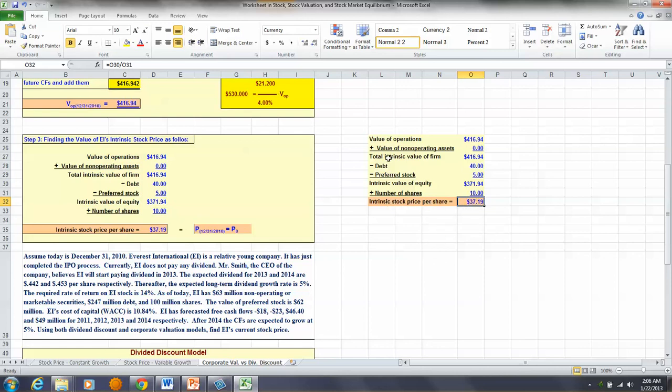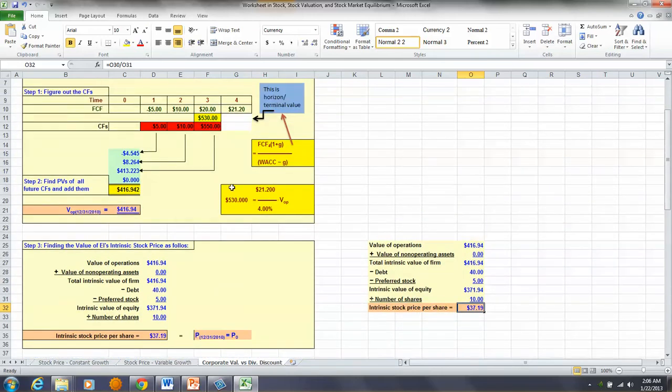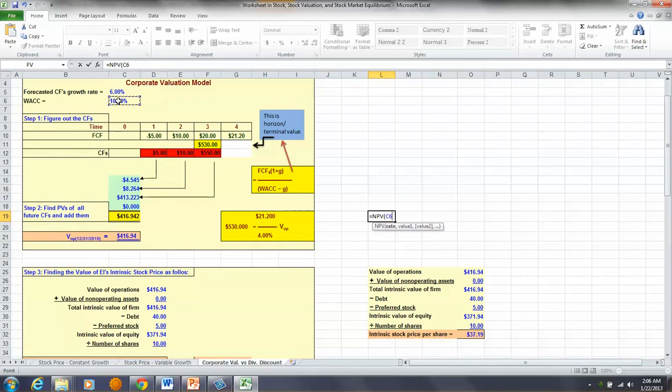So this is how you're going to use this corporate valuation model to find the stock price. And you can also use the NPV function here: NPV equals, rate is 10%, and your values are these put together.